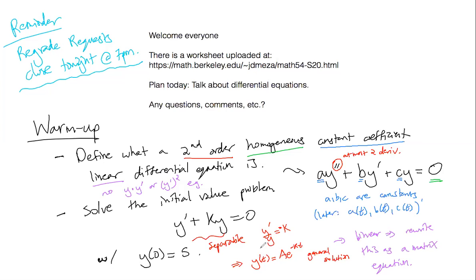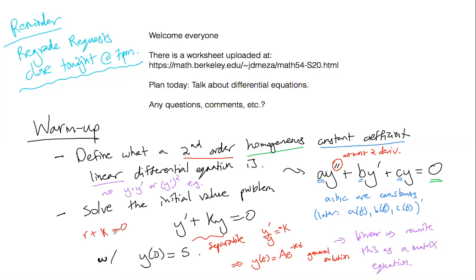And there's a question: do first order equations have an auxiliary polynomial as well? The auxiliary polynomial is where you plug in e to the rt. Yeah, I guess so. Because if I were to do that, then I would get r plus k equals 0.